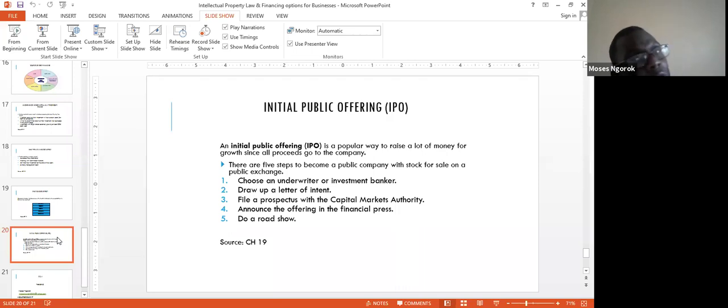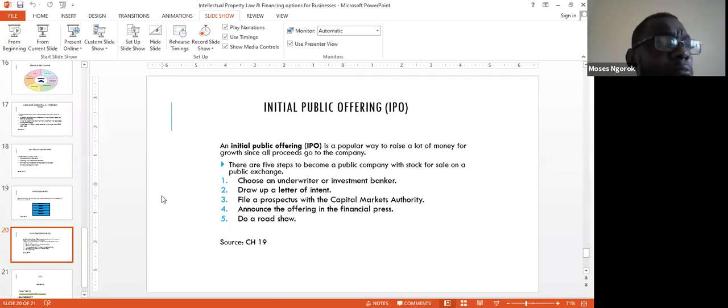So in a way, it's a form of crowdfunding, in the sense that if you go out to say 10 million people, and each of them is investing 100,000 in your company, then there you go. You already have something like $1 trillion or whatever. I don't know what the figure is, but around a trillion shillings in your account just from that offering.